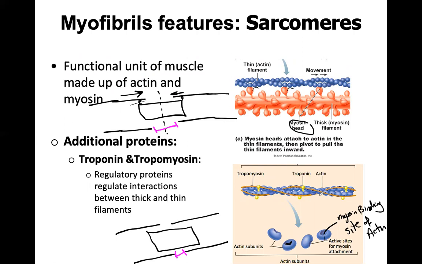Troponin movement causes tropomyosin to move as well because they're connected, which allows the myosin binding site of the actin to free up. In such a scenario, the actin can interact with the myosin heads, and that causes the motion we're depicting right here, and allows the muscle to contract and get shorter.